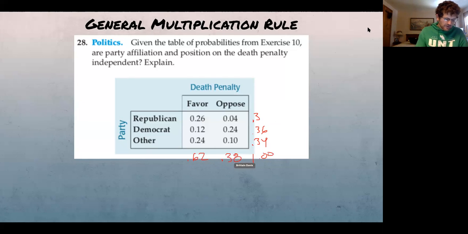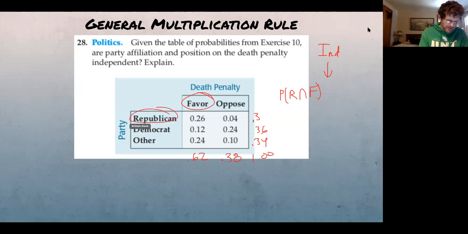So we have two ways of doing it. We can remember that it's only independent if, and it doesn't matter which one we pick, I'm going to say the probability of Republican and favor, I'll use favor this time around. So the probability of both of those has to equal the probability of Republican times the probability of favor.